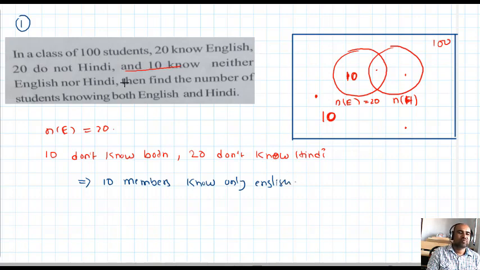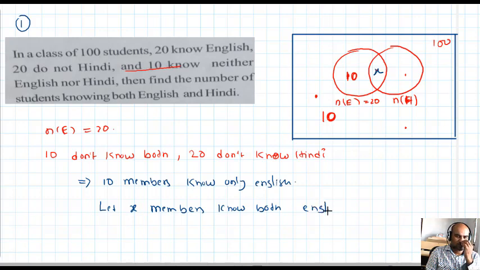Okay. Then find the number of students knowing both English and Hindi. Let it be X. Let X members know both English and Hindi. Observe students, I will shade with this.